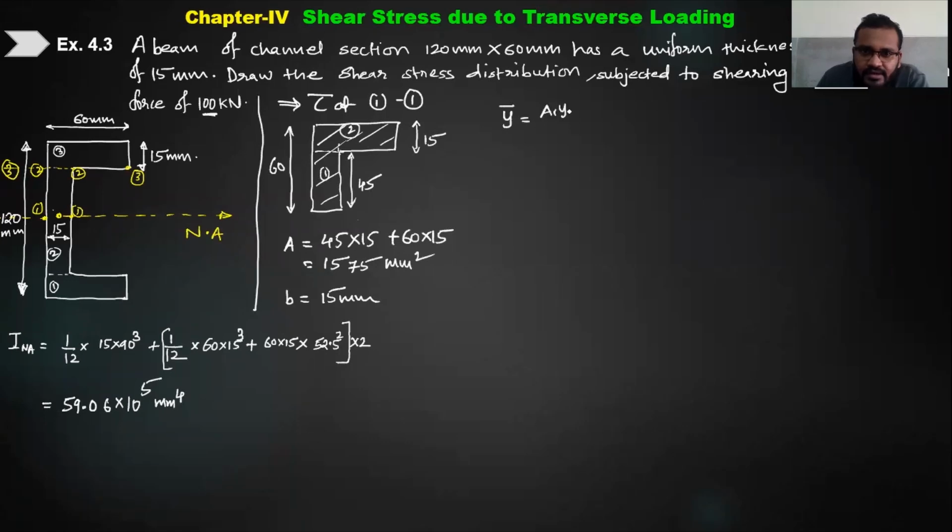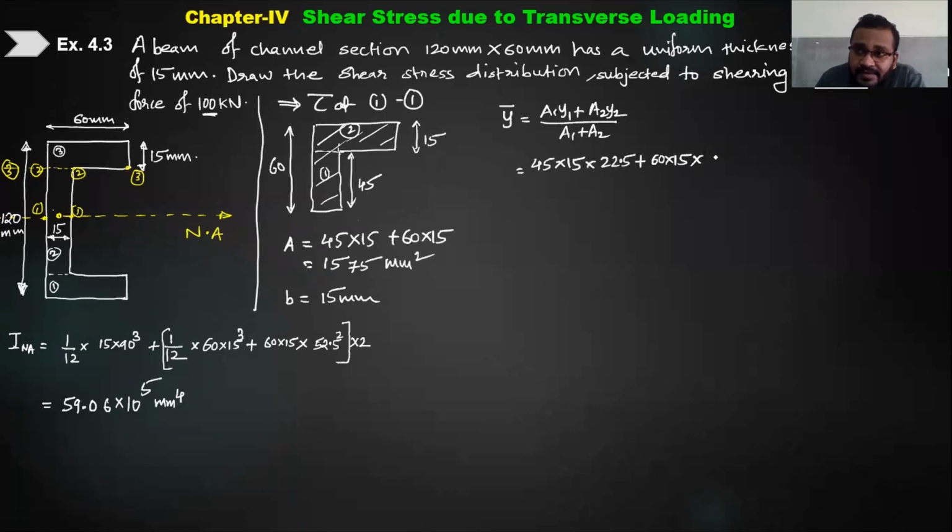Formula is a1y1 plus a2y2 upon a1 plus a2. Now what is a1? It is 45 into 15 into where will its y be? Yes, 22.5. Very good. Plus a2 is 60 multiplied by 15 into what will be the y bar for that one?